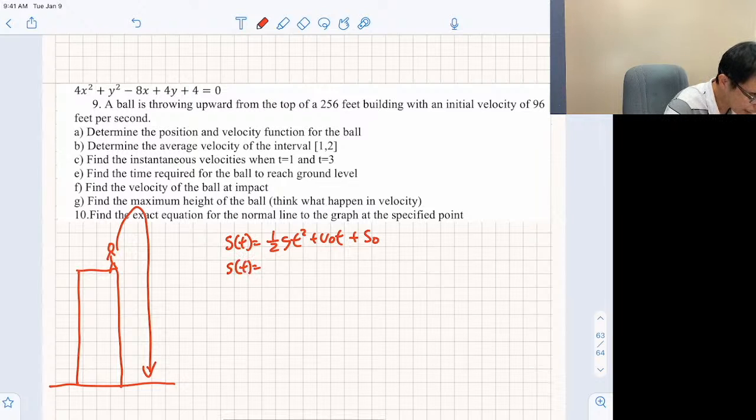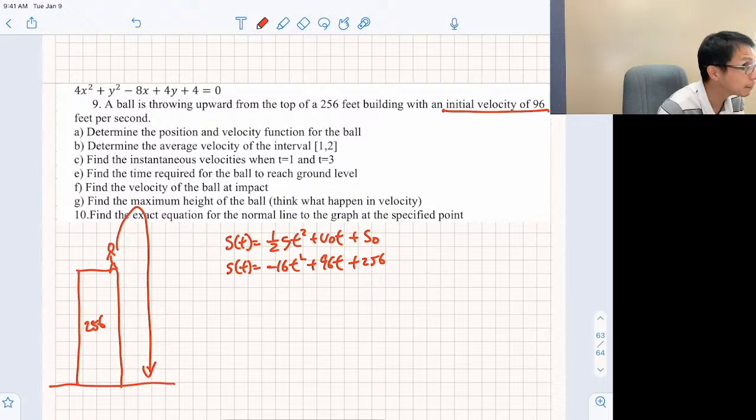This g is going to be negative 32, so it'll be negative 16t squared plus what? What's the keyword here? 96, right? So it'll be 96t plus s0. What's s0? 256 feet. So it'd be plus 256 feet. And that's it, you're done with the position function.